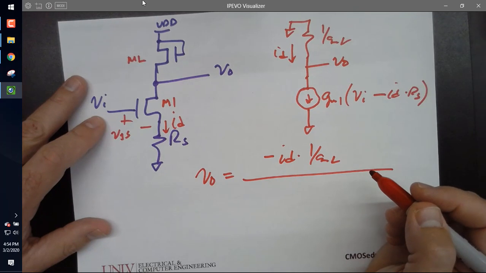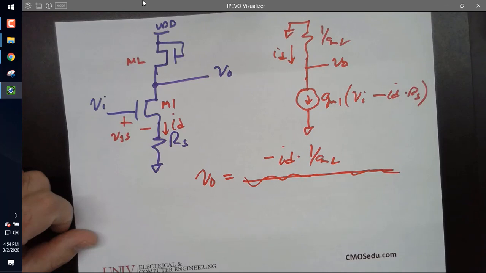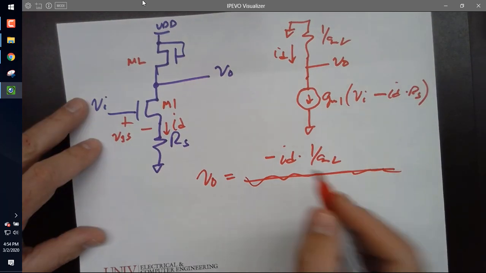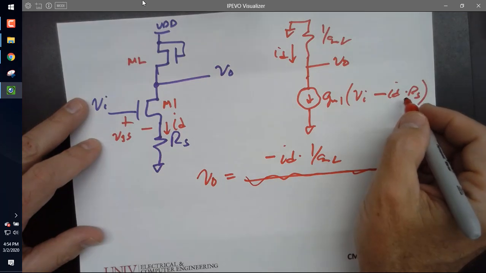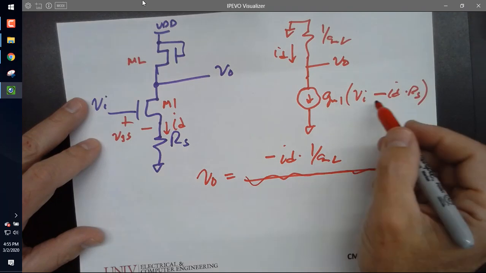All right, are we good? We don't need that for now. Okie dokie. Now I have this ID, so I'm going to solve this for ID. I'm neglecting R out, but what is this current equal to?